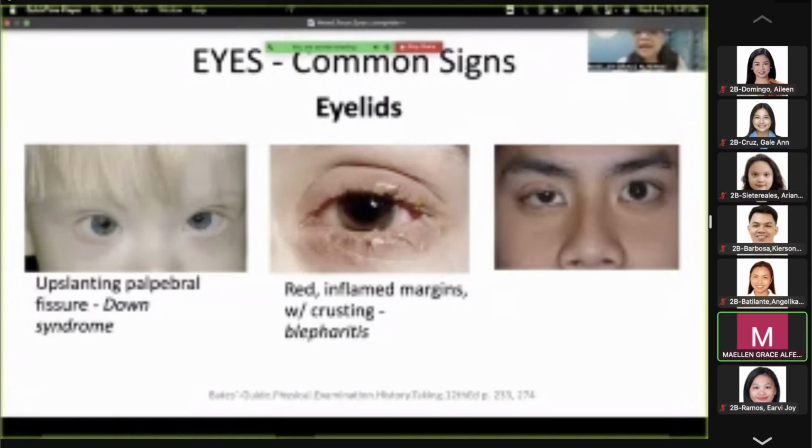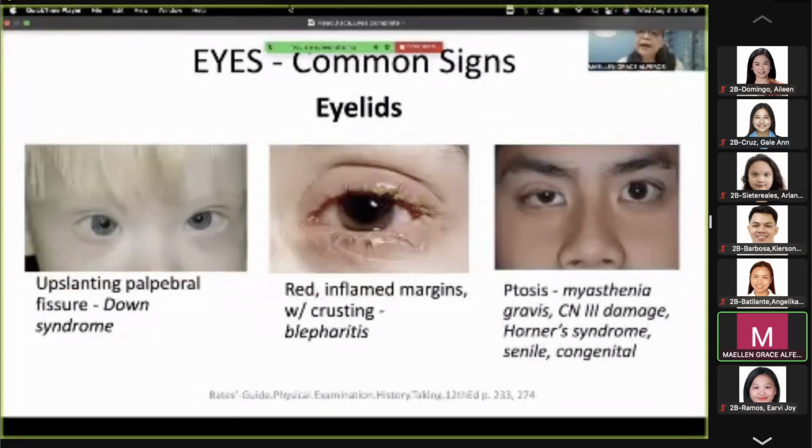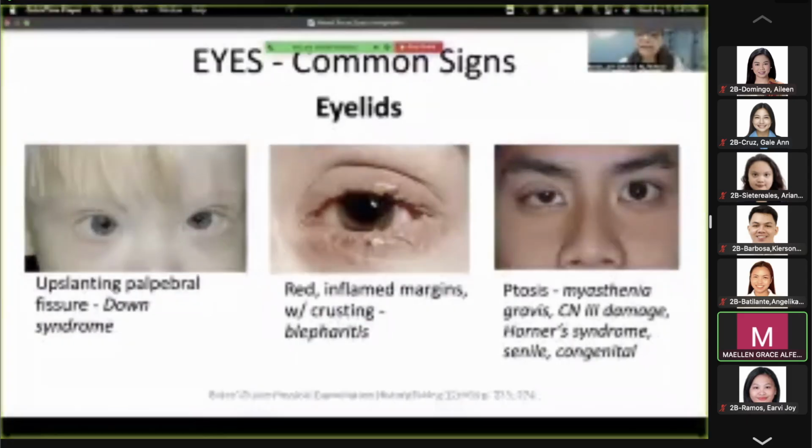Now, looking at the last picture, you see that there is drooping of the right upper lid, and you call this ptosis. And ptosis can be a manifestation of myasthenia gravis or a cranial nerve 3 oculomotor damage, or Horner syndrome, which I will discuss later. And ptosis can also be senile or congenital ptosis.